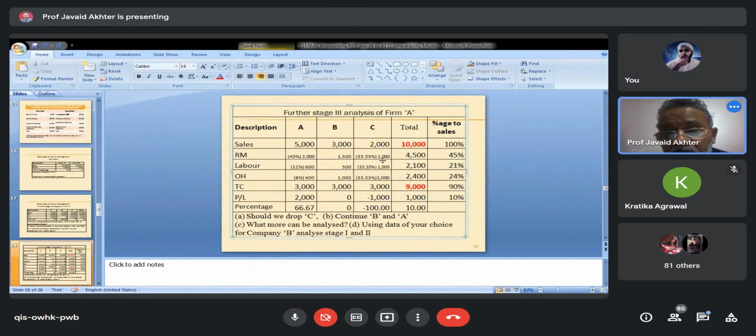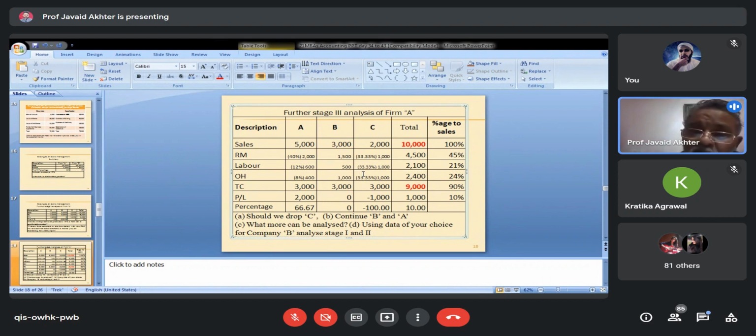Of sales revenue, 50% on raw material, 50% on labor. What percentage on overhead? So of total cost, 33 on this, 33 on this, 33 on this. Then we may see what is the industry and what the competitors are doing.